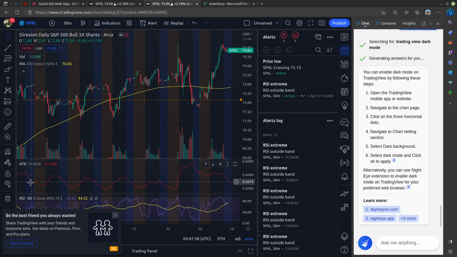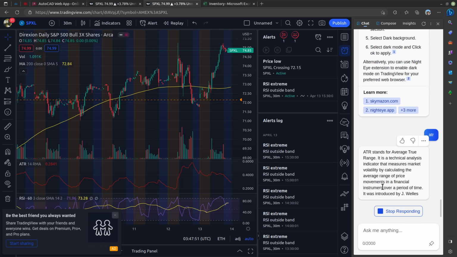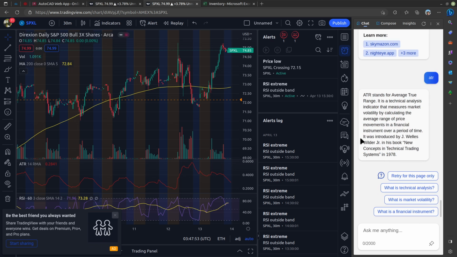And one more thing is the ATR. ATR is the average true range right there, and this graph shows you the ATR. This has to be high. It's preferable when it's high.